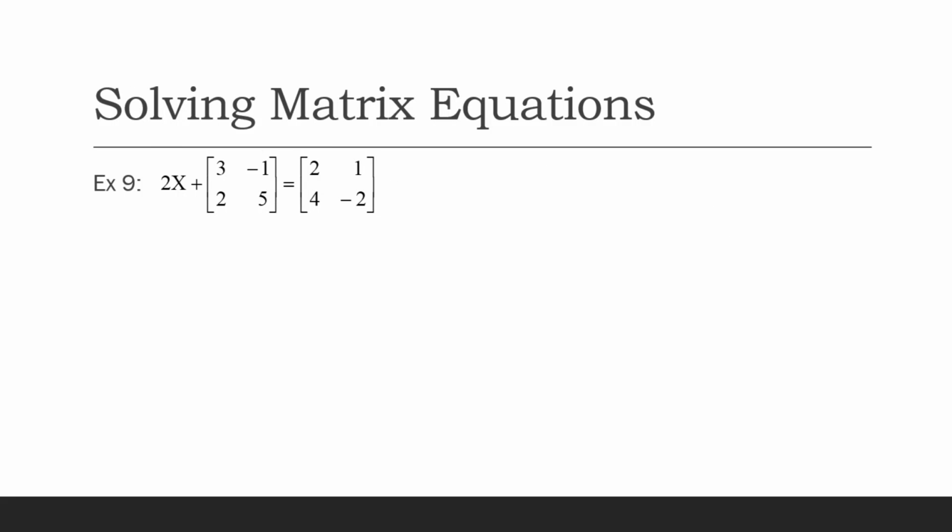All right. Now, we could use this to solve matrix equations. So let's take a look at what this does. We're going to solve matrix equations just the same way we would do any equation. So if I have an addition, I'm going to subtract that matrix.